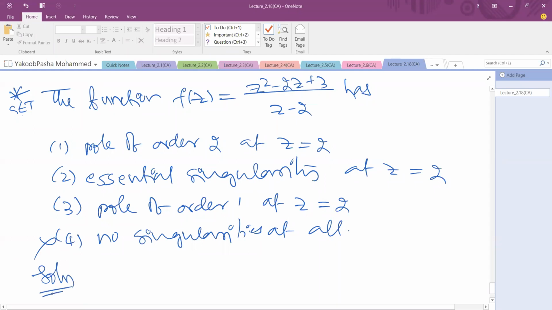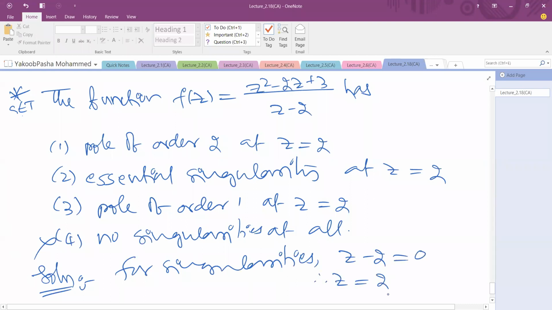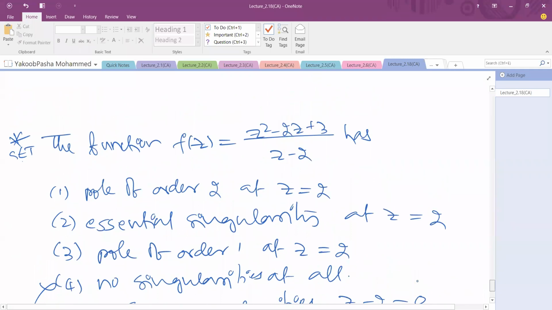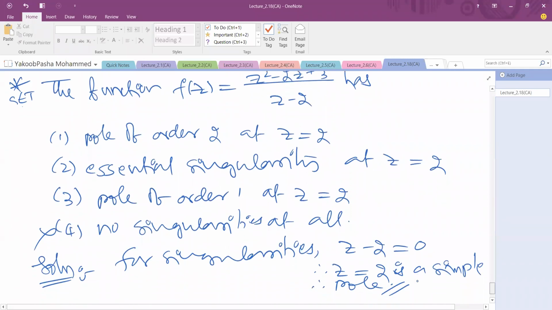For singularities, the denominator is 0. Singularities: denominator z minus 2 is 0. So z is equal to 2 is a pole. Therefore z is equal to 2 is a simple pole. Simple pole means pole of order 1. Third option is the right option.